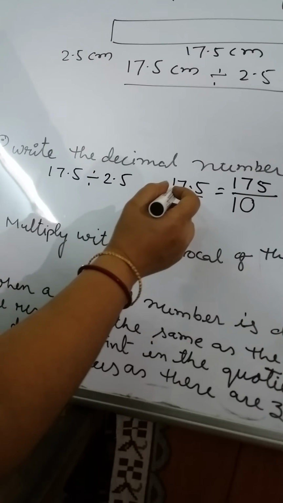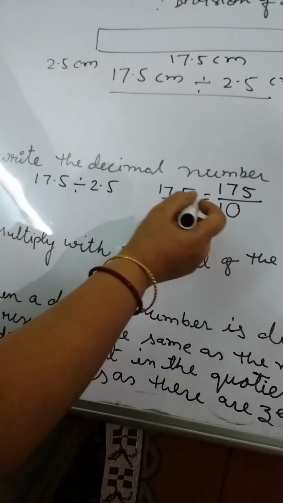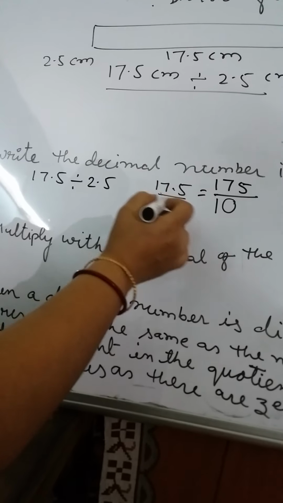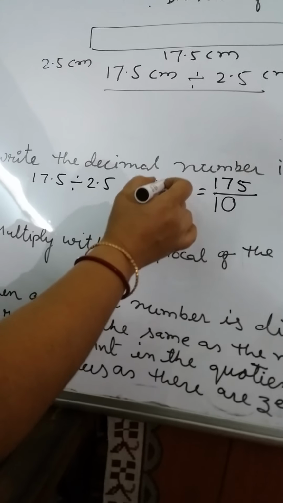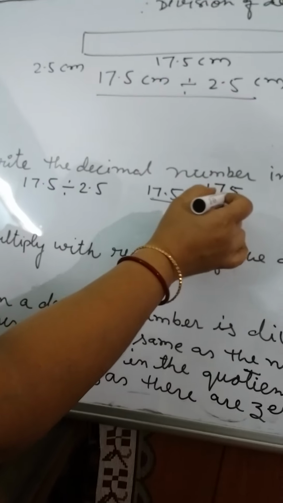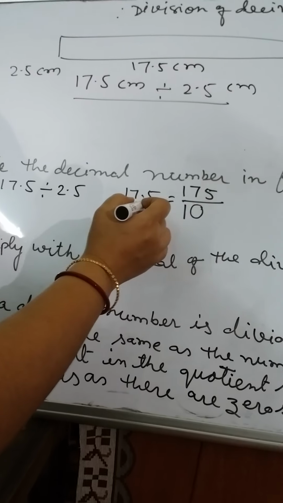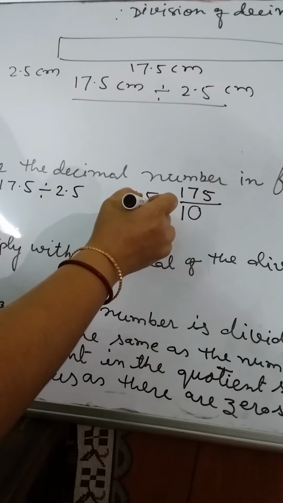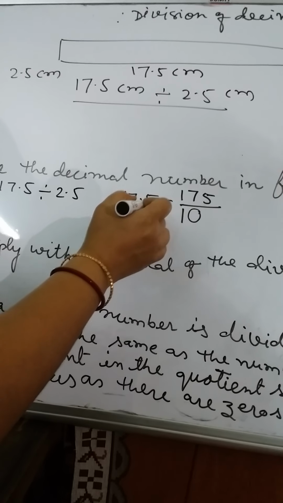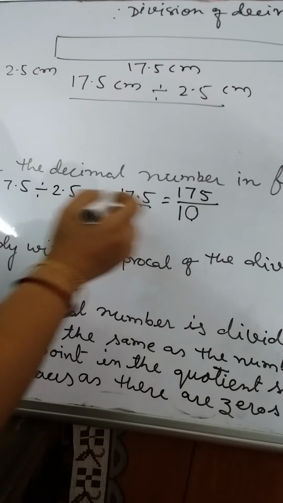So when I convert 17.5 into fractional form, you write the number without the decimal, that is 175. In the denominator you write 1 and as many zeros as there are digits after the decimal. Here it is 1 digit, so you write 10.